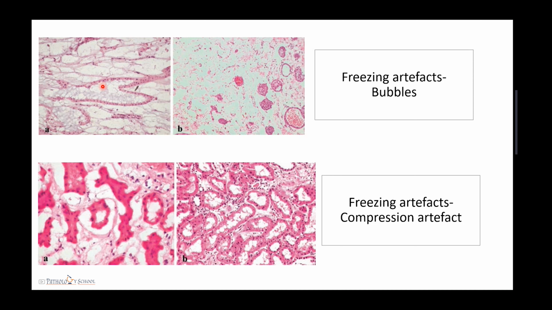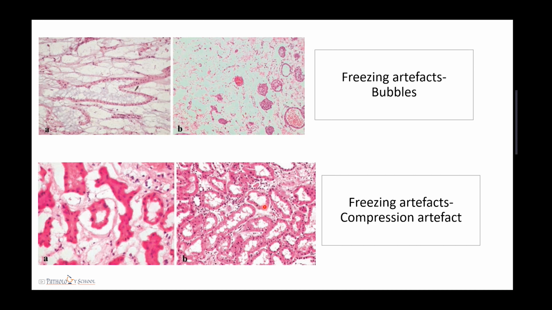In the paraffin-embedded section, at least you can appreciate the edematous stroma properly. So this is one freezing artifact. The second freezing artifact is compression artifact. Because of the bubbles, you can see scalloping and compression of the tubules here. This is a frozen section, and this is the paraffin-embedded section.